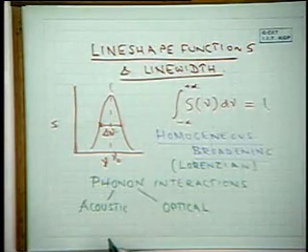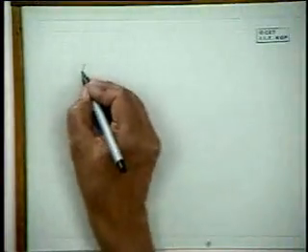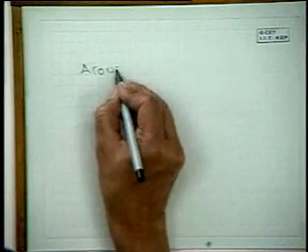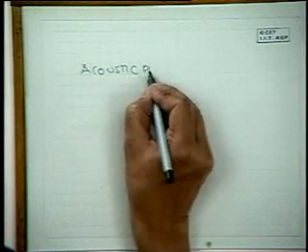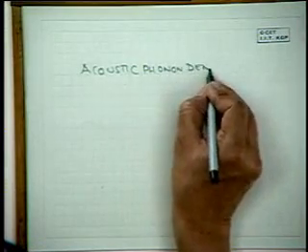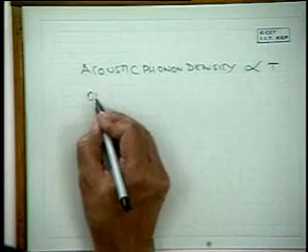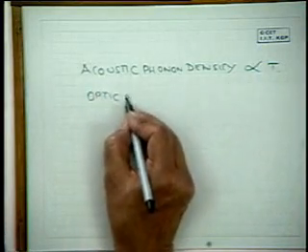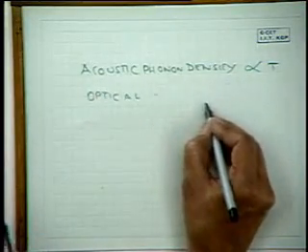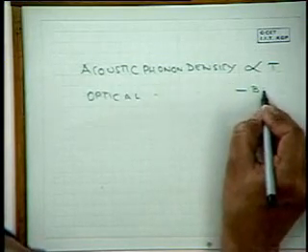Now, the acoustical phonon density increases with temperature. It is proportional to temperature, whereas the optical phonon density is relatively independent of temperature. This obeys Bose-Einstein statistics.